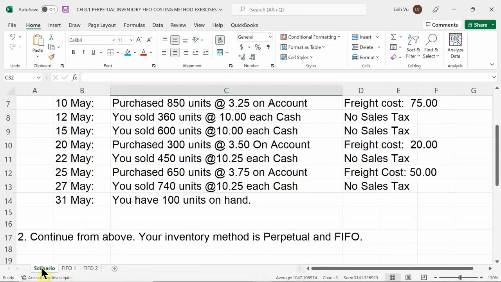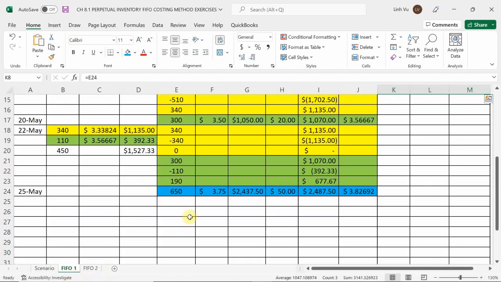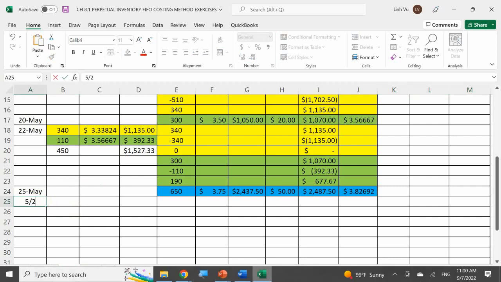So let's see what else happened. May 27, we end up selling 740 units, okay? Giving us, by the end of May 31st, a total of 100 units left remaining, right? So in this case, we sold 740 units on May 27.